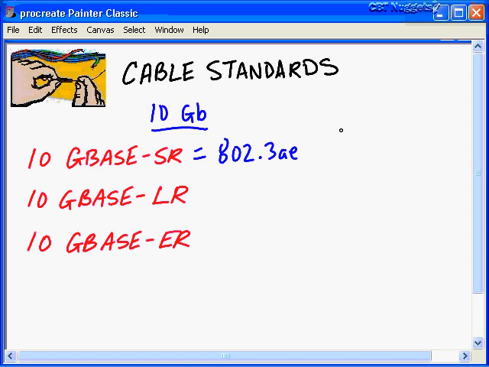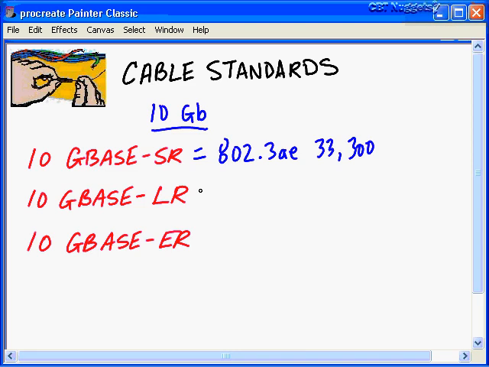And your cable distances depend on the type of cable you're using. One type of fiber optic cable gives you up to 33 meters. A second type gives you up to 300 meters, so up to 300 meters with 10 G-base SR. And again, your transfer rate here is going to be 10 gigabit per second. Then you've got 10 G-base LR.